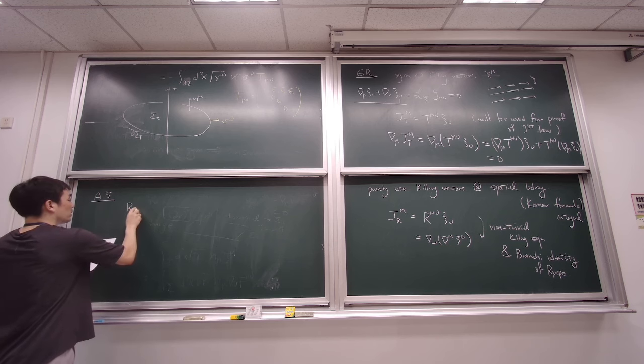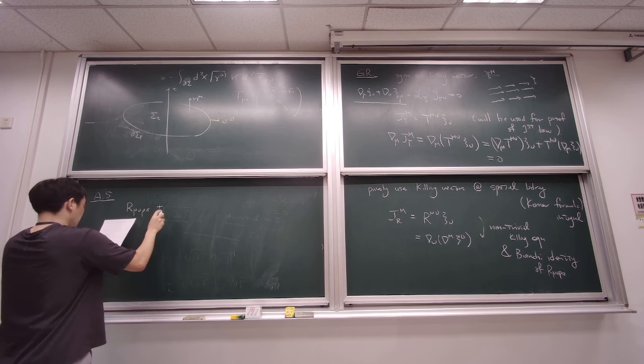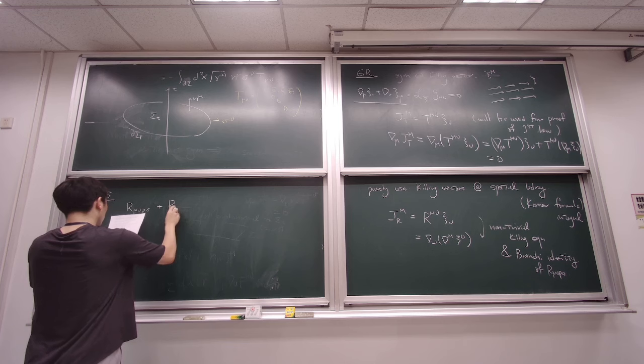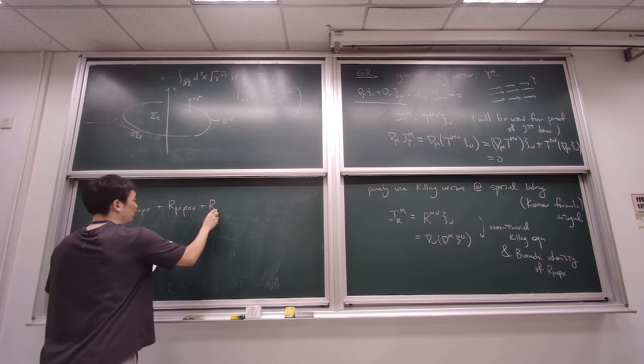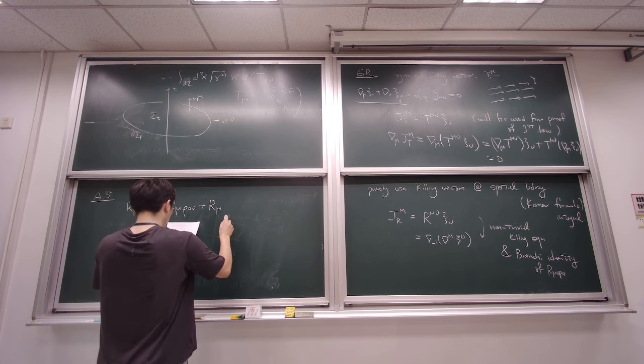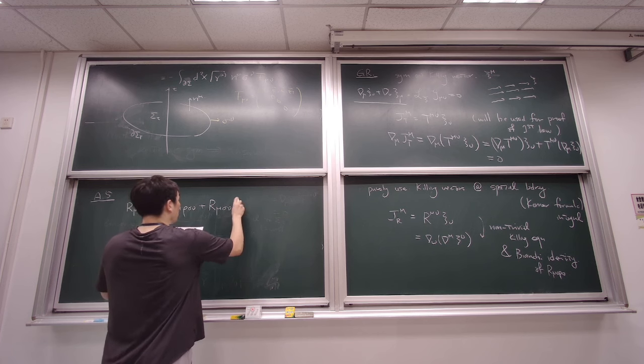The Bianchi identity is something like this, and then everything becomes cyclic, is equal to 0.